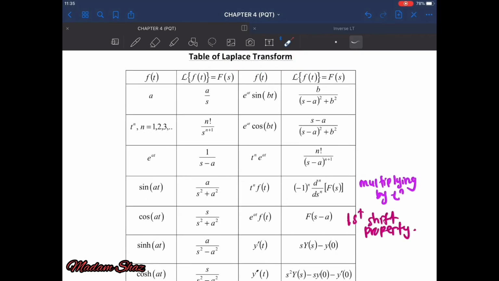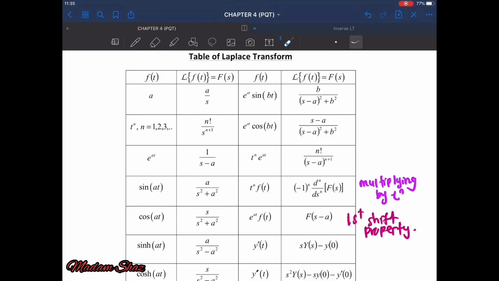For the first method, by using the table of the Laplace transform, we will find the inverse Laplace transform. We will move from F(s) in order to get f(t). So we have column 1 and column 2. We will move from column 2 to column 1. That means if you have F(s) equal to a over s, our answer f(t) is equal to a.